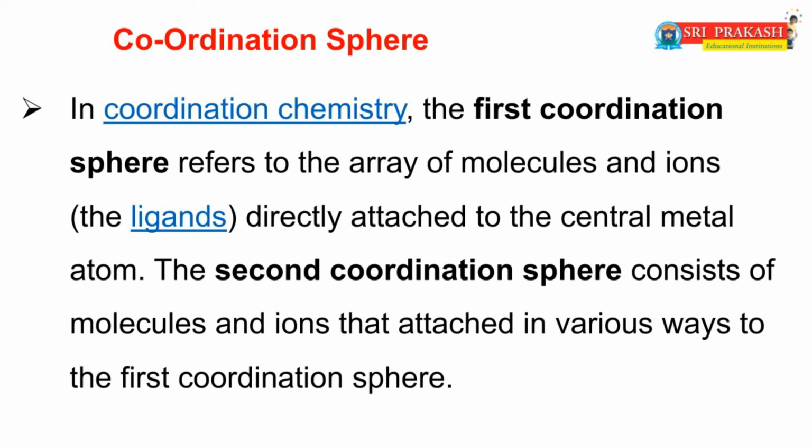The first coordination sphere is directly combined with the central metal, but the second coordination sphere is combined with the first coordination sphere.